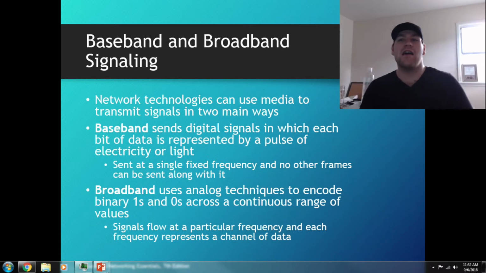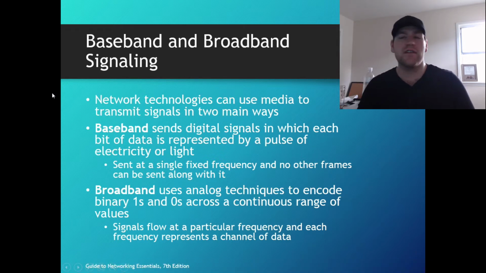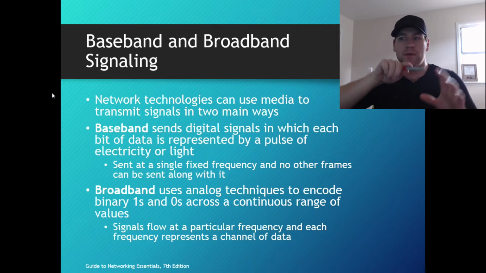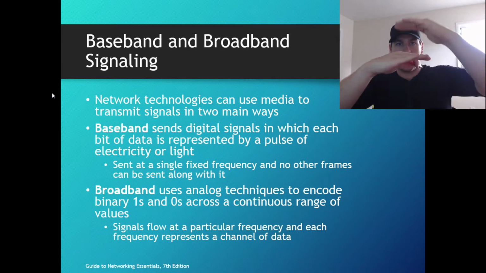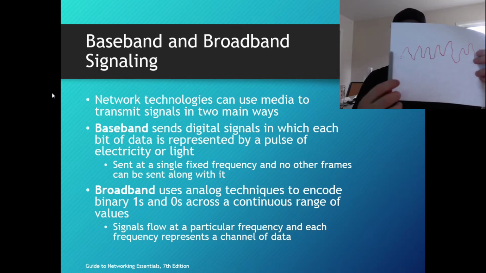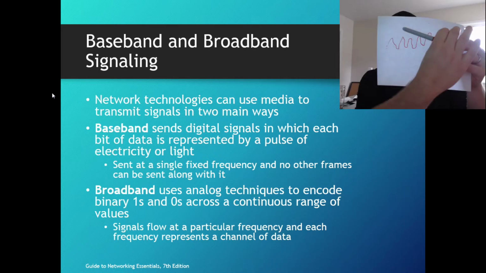Anyways, so broadband, back to that. As I mentioned, the ones and zeros are going to be within a certain frequency range. And so when you map out your range, this is representing a number of different channels here.